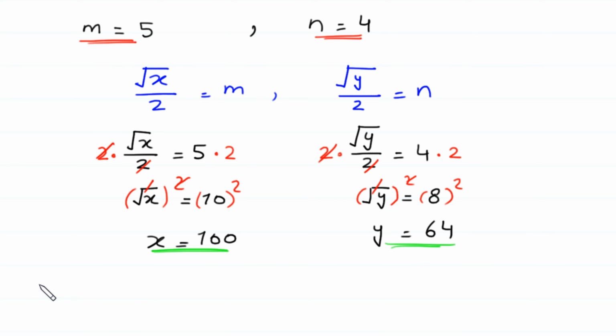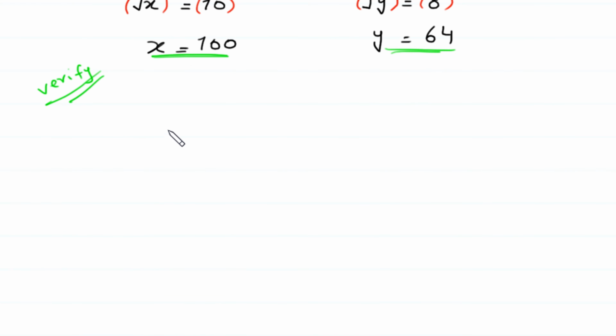Now to verify these values, we put these values of x and y in the original equation. The original equation is square root of 3 to the power square root of x minus square root of 3 to the power square root of y is equal to 162. In this equation we put the value of x 100 and value of y 64.